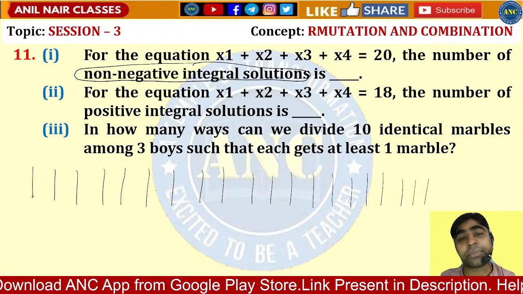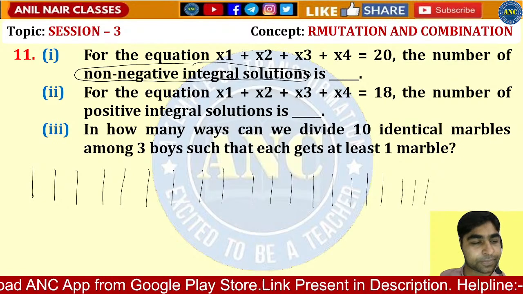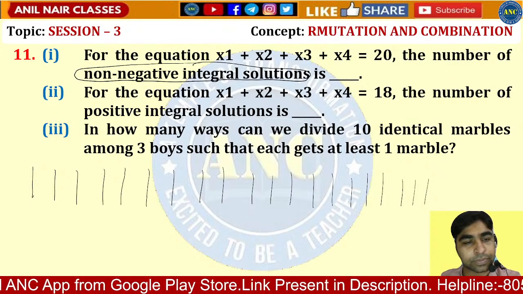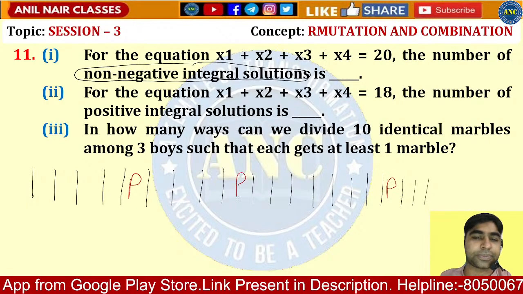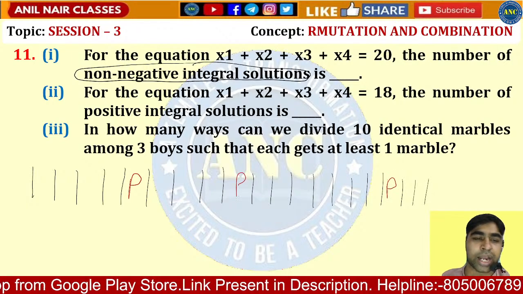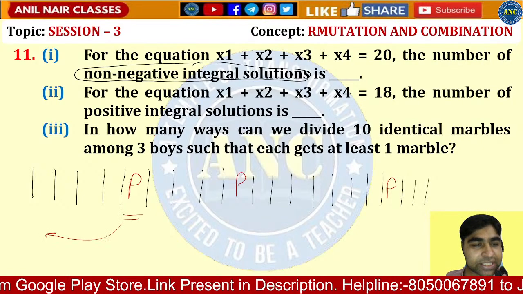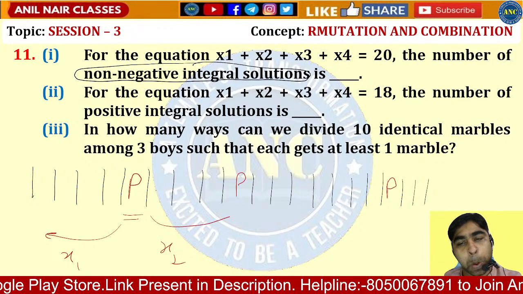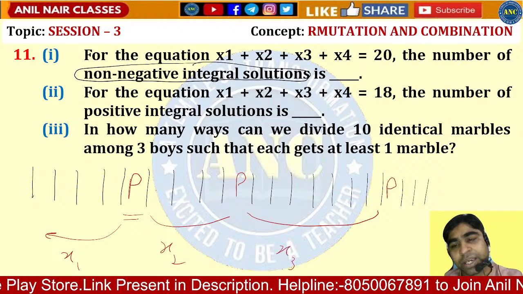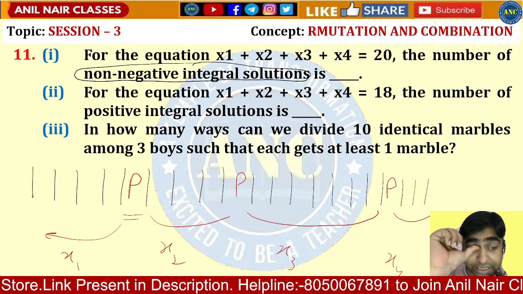I need to divide them among 4 people. So how many partitions do I require? 1, 2 and 3. I need 3 partitions. To the left of this, x1 will keep. Between these, x2 will keep. Between these, x3 will keep. And to the right of this, x4 will keep. And the summation would be 20? Yes.